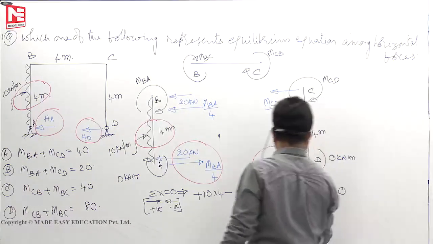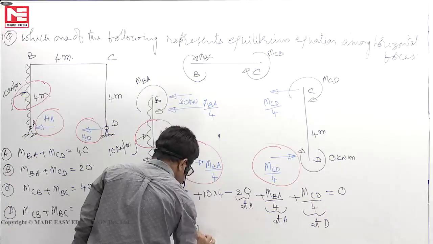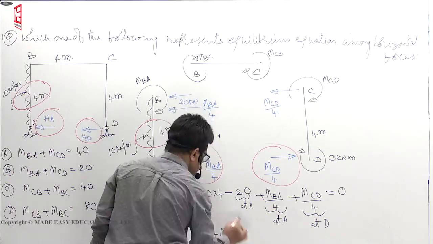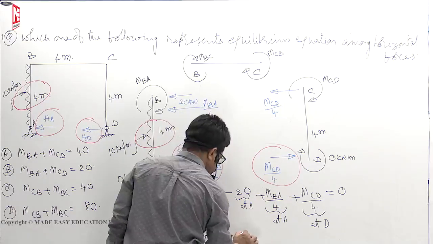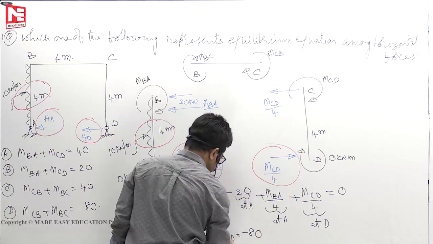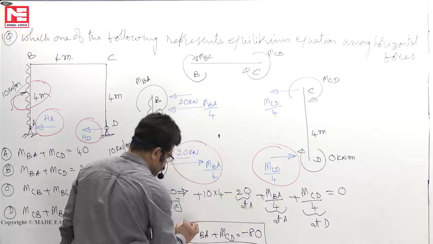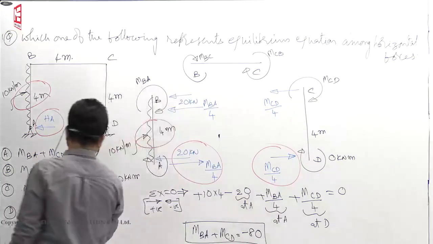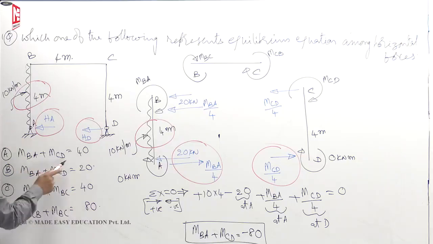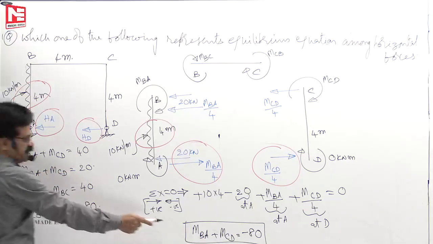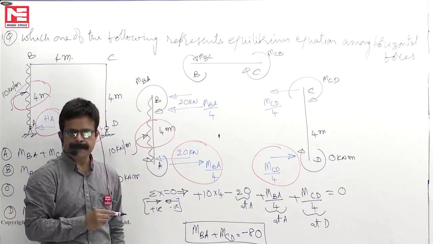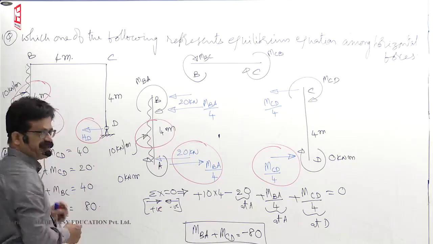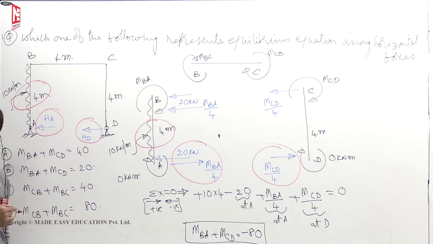So you will get MBA plus MCD is equal to 20 into 4, means minus 80. This is the equation. See here, MBA plus MCD. 40 is there, 20 is there, minus 80 is not there. Then what to do? At least 80 is there, so D you can answer, but the options look different.